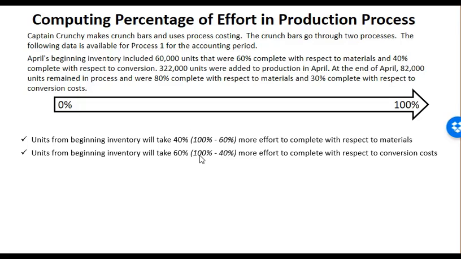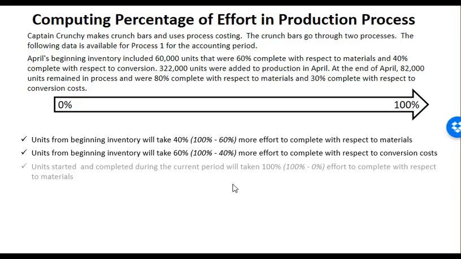So I take the 100%, which is complete, minus the 40% of the effort that has been expended so far, which means if I'm assuming that those beginning inventory units have been completed, we had to add another 60% effort to those units. Okay, now I go on to the units that were started and completed during the current period.